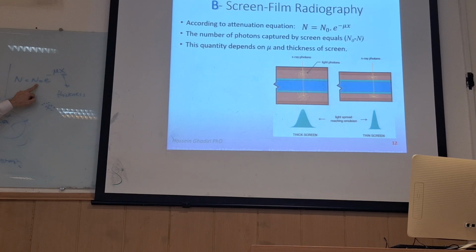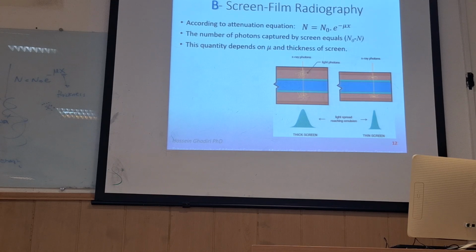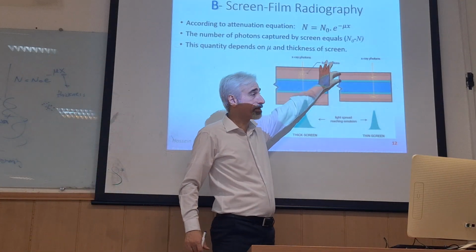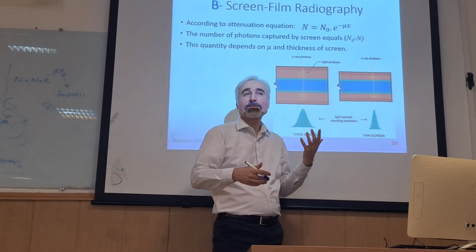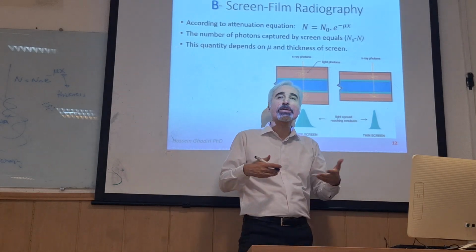If we use a thin screen, if we decrease the X, is the number of photons that are detected in the screen increasing or decreasing? If we decrease this thickness, does the number of photons that have the chance of interaction inside it increase or decrease?